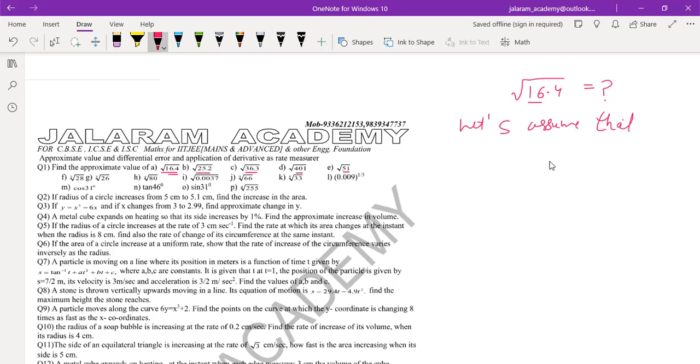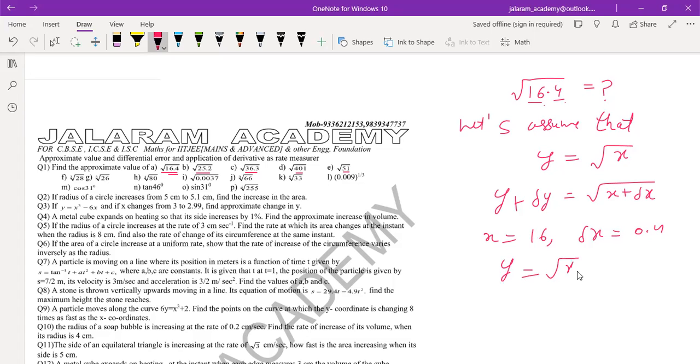Let's assume that y equals square root of x. So y plus delta y equals square root of x plus delta x, where we break this x plus delta x into two parts: x equals 16, delta x equals 0.4, that is 16 plus 0.4.